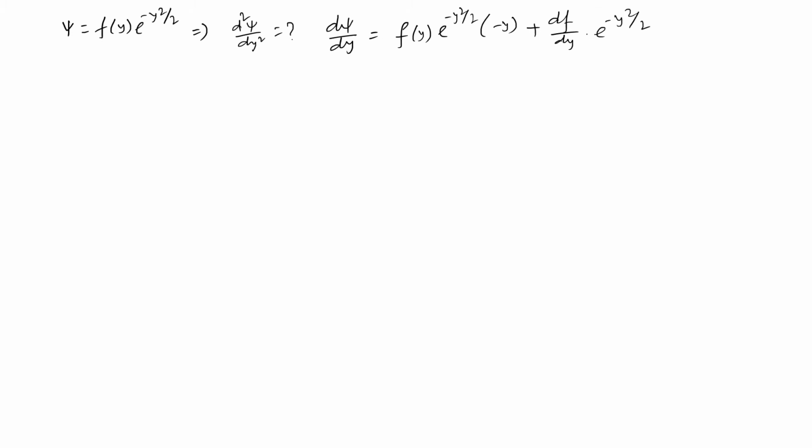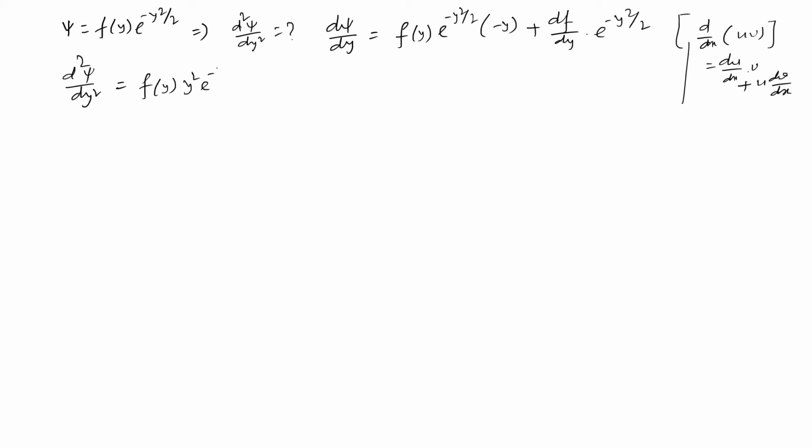I am doing nothing but just differentiation, because d/dx of uv, if u and v are functions of x, then we can write du/dx v plus u dv/dx. I think you all know this from intermediate.